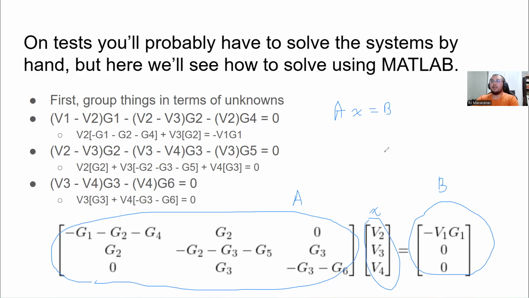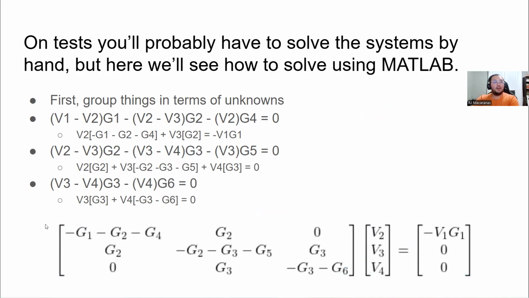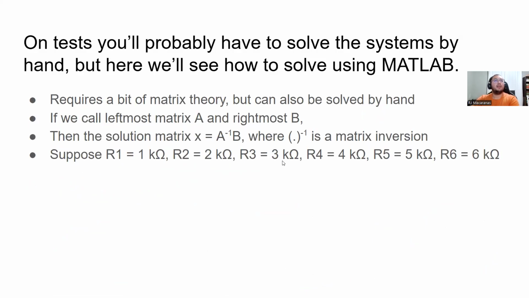X is a column vector. Well, B is also a matrix or a column vector technically, but we can use matrix theory to show that A inverse times B will give you X. You can solve. It's kind of the same idea of solving a system of equations, really. Anyways, moving on.